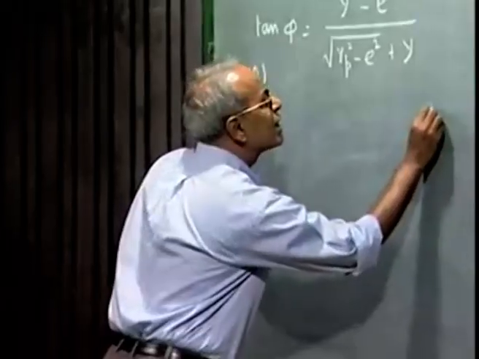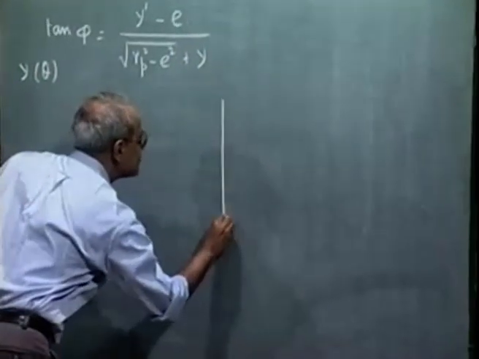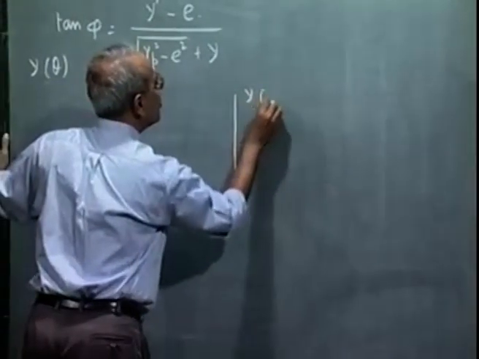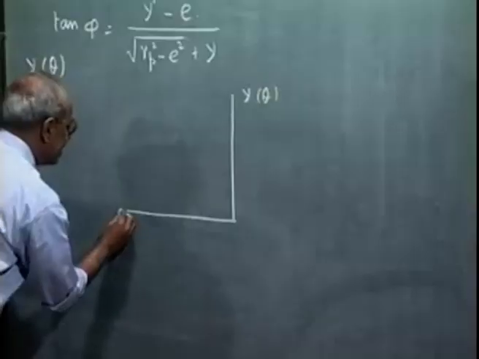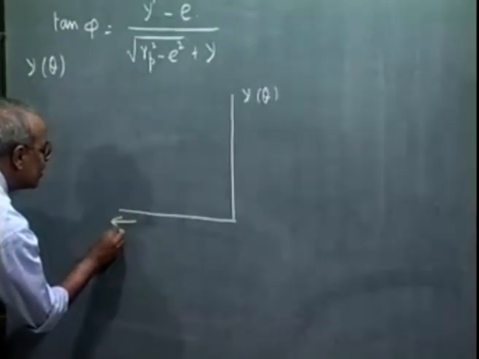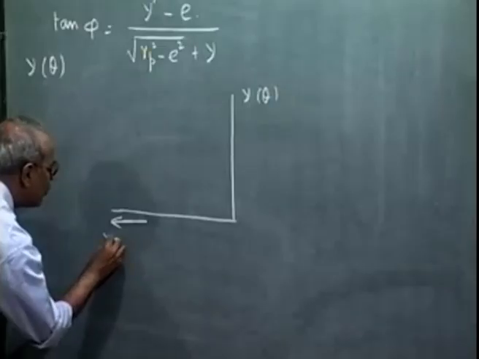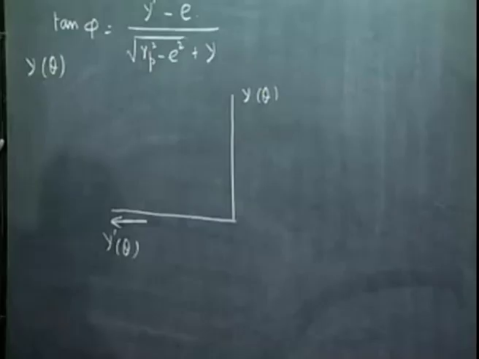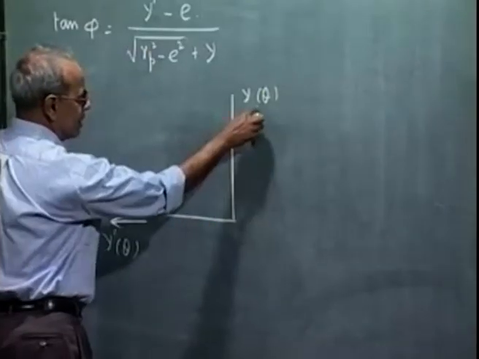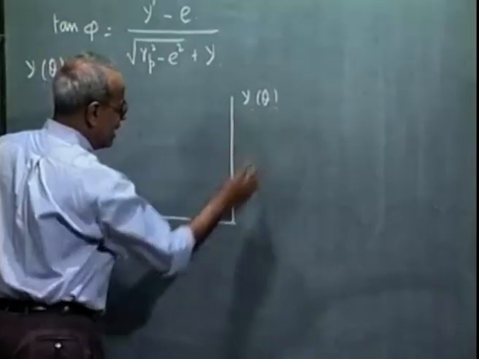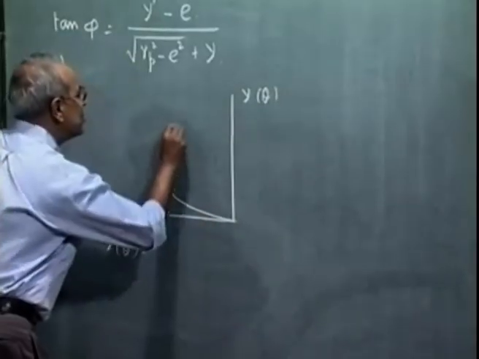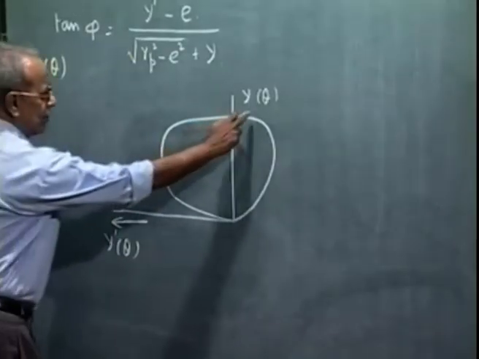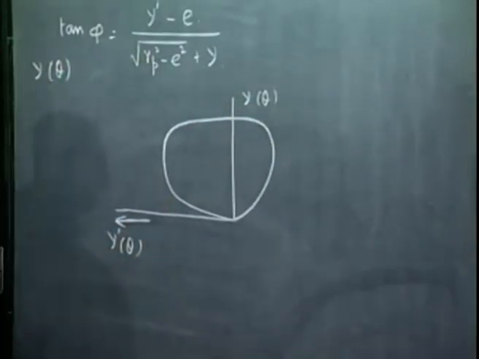If it is a periodic function, then if I plot y theta along this vertical line and y prime theta along this horizontal line, then that will be a closed curve. I mean, the shape of the curve is unimportant, that will depend on the function y. Let us say this is the curve. I get a closed curve when I plot y versus y prime.